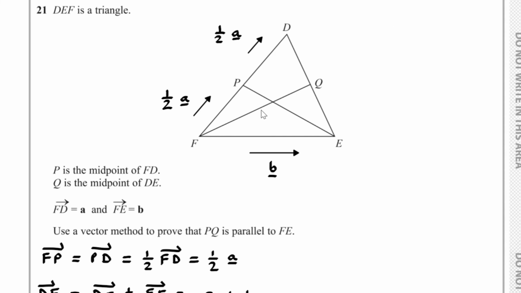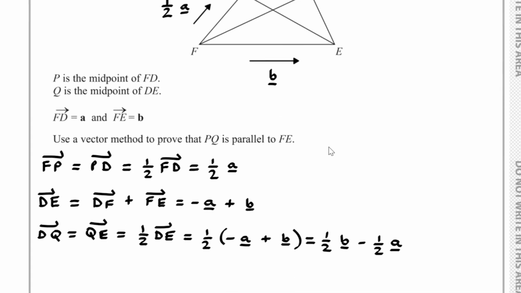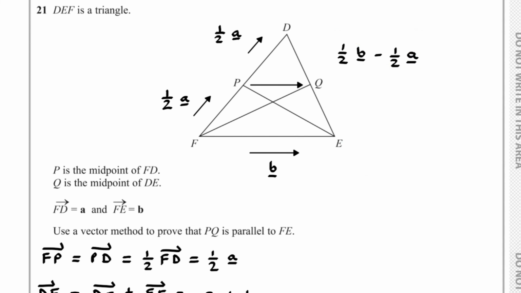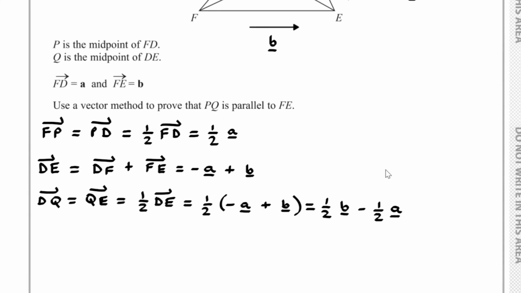Well, first of all, DQ is 1/2 B minus 1/2 A. So that is this and this. So that's what the vectors DQ and QE are.